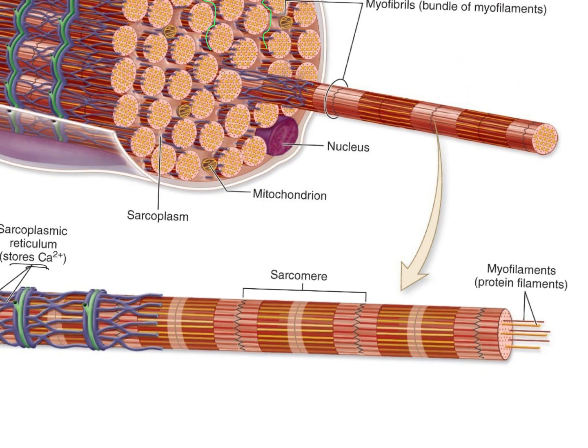Now, within the myofibrils are myofilaments. Right? The myofilaments are actin and myosin. We'll talk about those. The unit of the myofilaments, and how they're arranged, is called the sarcomere. The sarcomere is the functional unit of contraction. Okay?